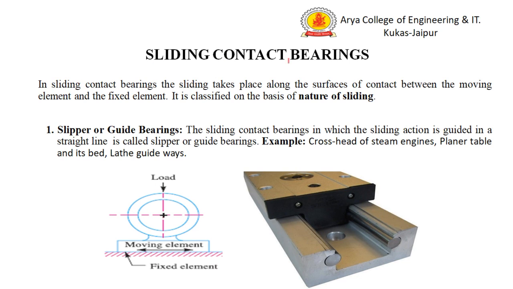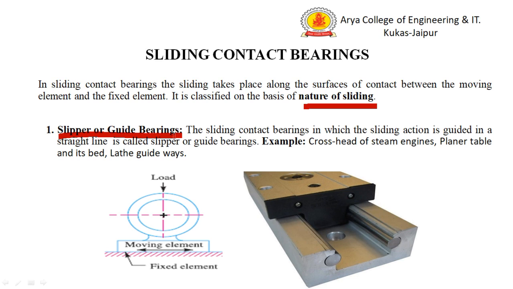So sliding contact bearing. As already discussed, in sliding contact bearing, the primary motion between the bearing and the moving element is sliding one. Sliding contact bearing can be further classified on the basis of the nature of the sliding. So first is the slipper or guide bearing.